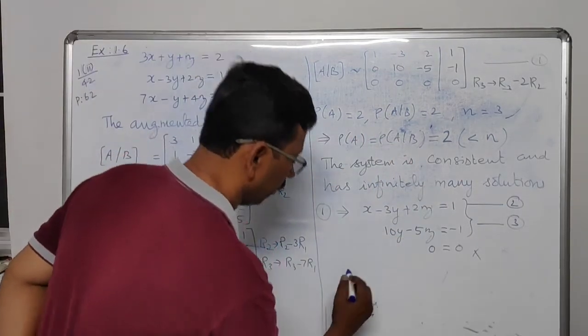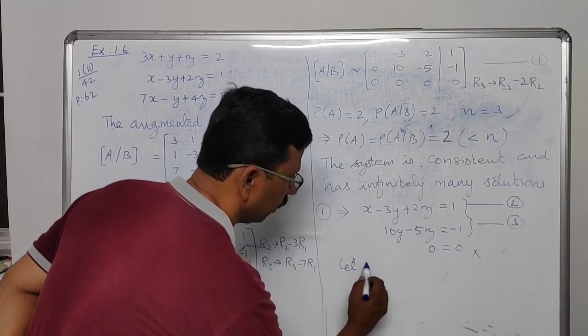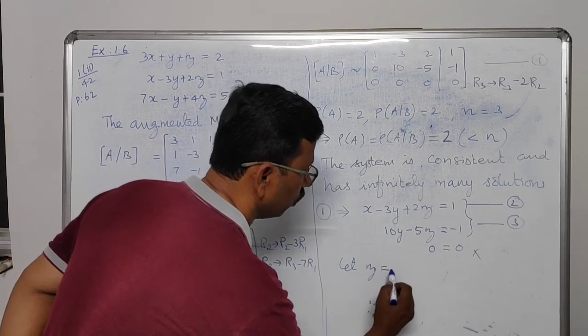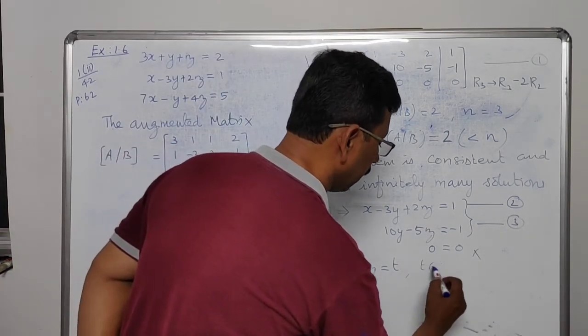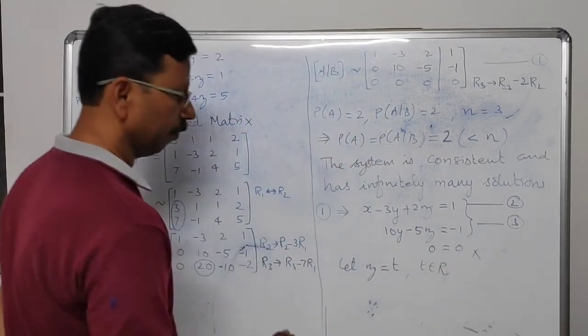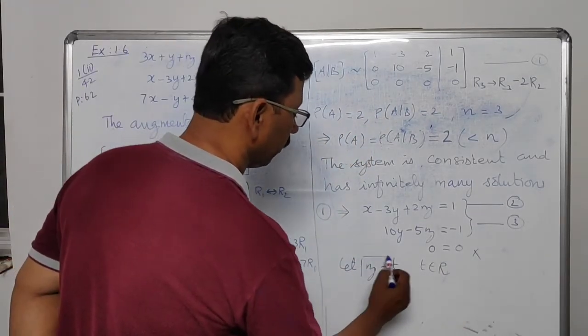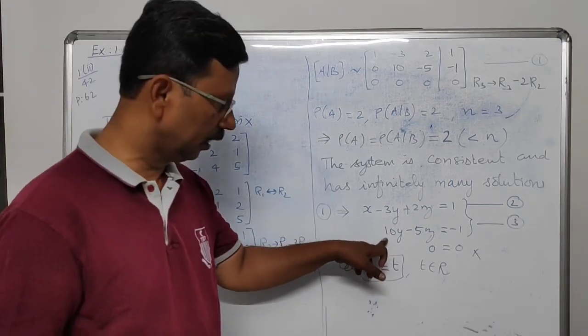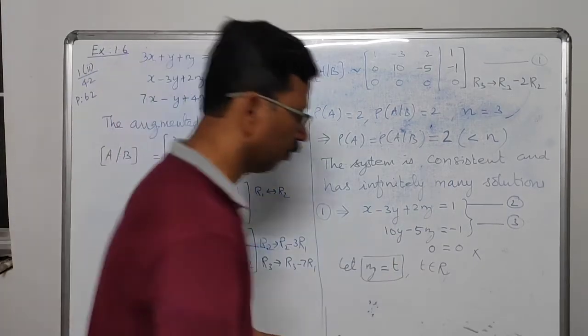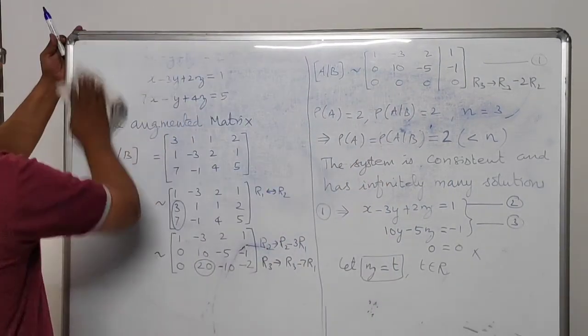Therefore, we can define let z is equal to t, where t belongs to the real numbers, that is, t is any real number. After defining the z value, this value can be replaced in equation number 3 to get the y value.